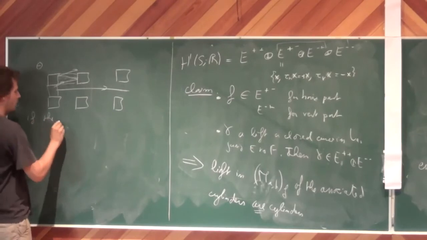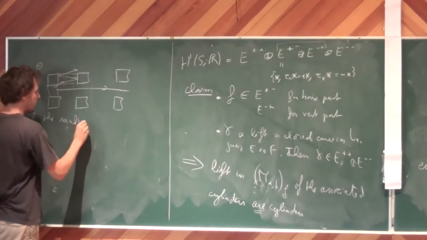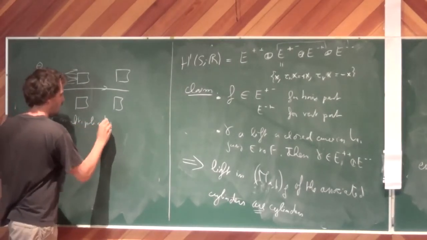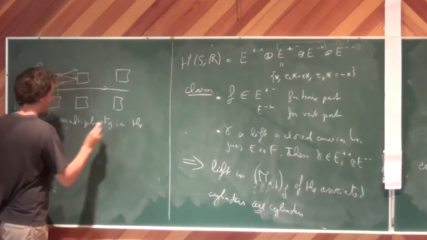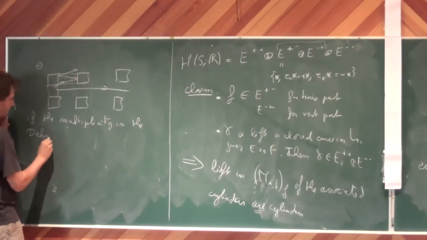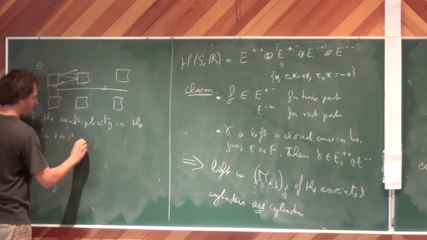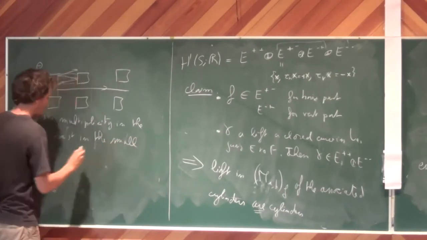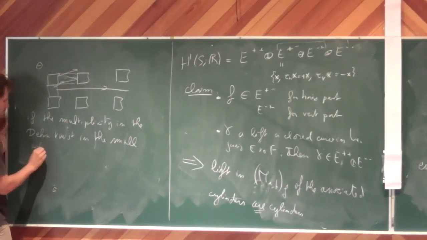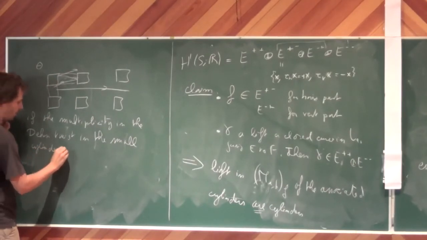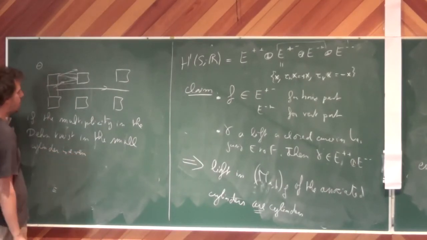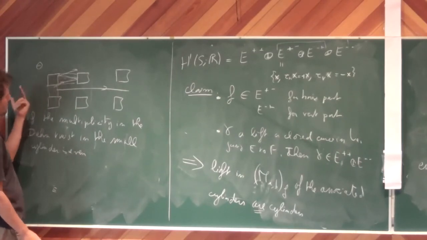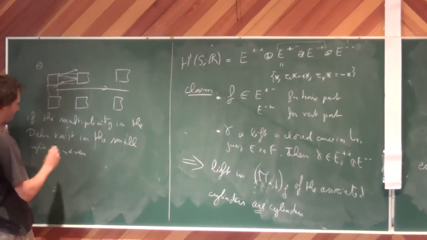So if the multiplicity of the Dehn twist in the small cylinder is even, then even the bad cylinder is good, or even the good cylinder is bad, depending on the viewpoint.